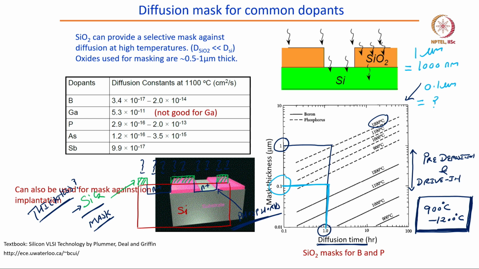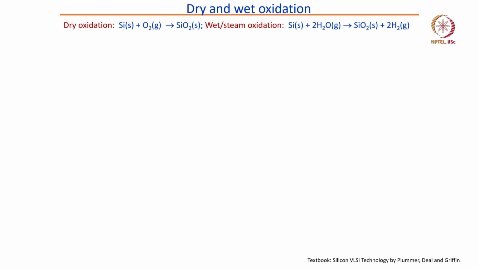Just a representative image of how the substrate is used and then dopants are doped. Now, there are two types of silicon dioxide growing technique. Right now we are focusing on something called thermal oxidation. Thermal oxidations are of two types: dry oxidation and wet oxidation.